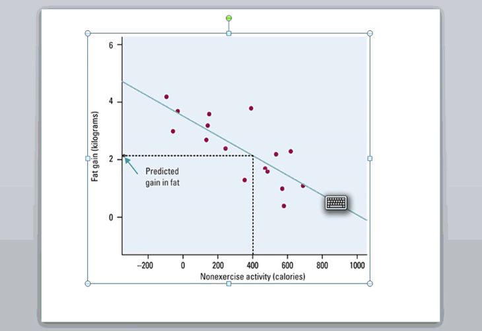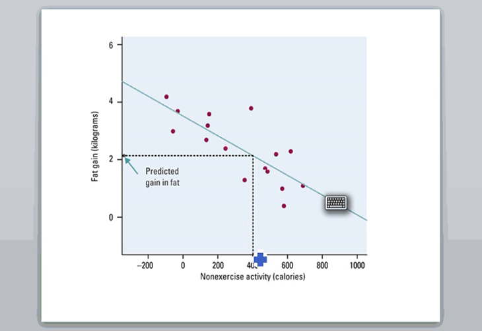So in this particular case, we're saying that if you can burn 400 calories a day without doing any exercise, we would predict you to gain 2 kilograms in fat. Now, this particular actual example was about 3.8 kilograms, but we would predict just over 2 kilograms.